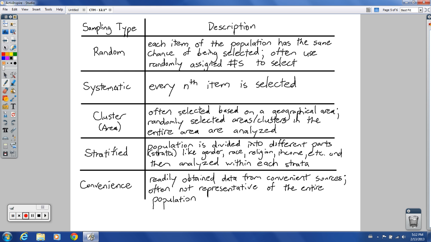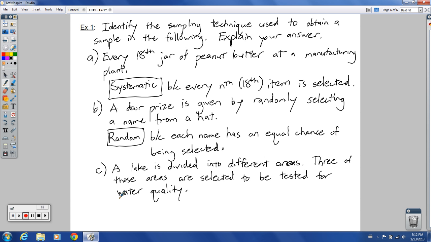But here we got this lake. You're selecting certain areas of the lake to analyze. This would be a cluster type, because it's a random sample of specific areas.